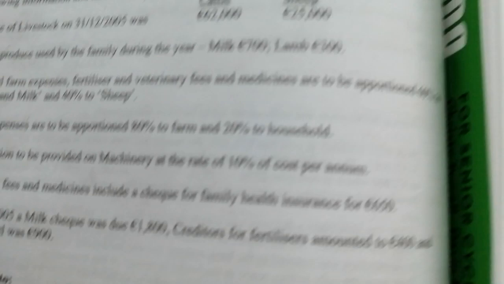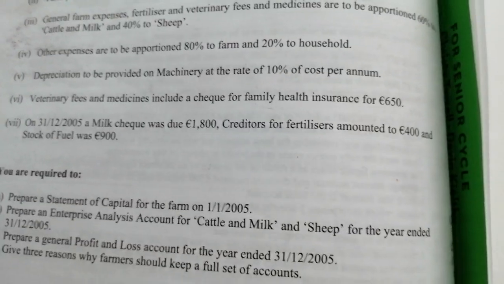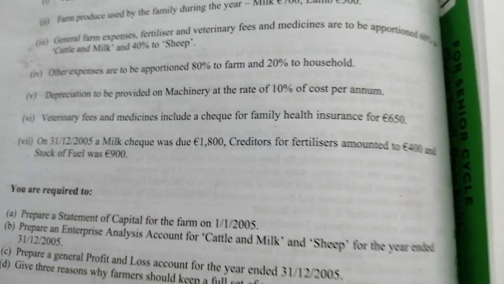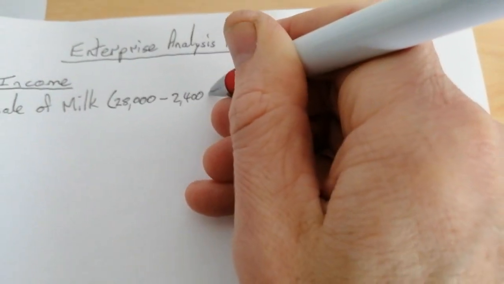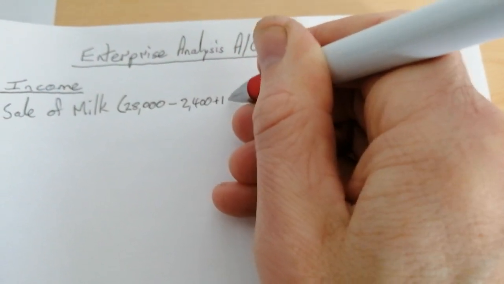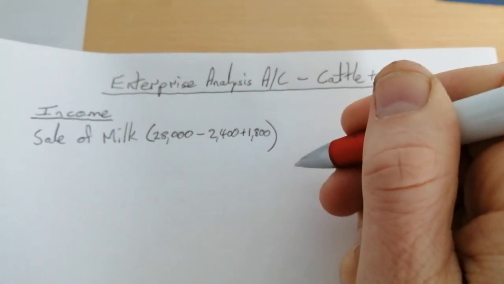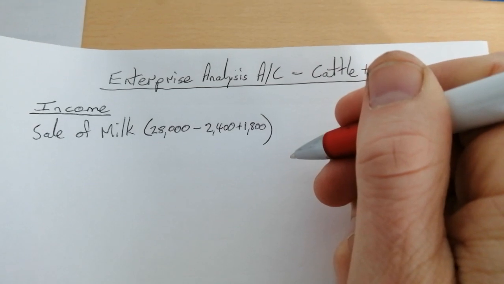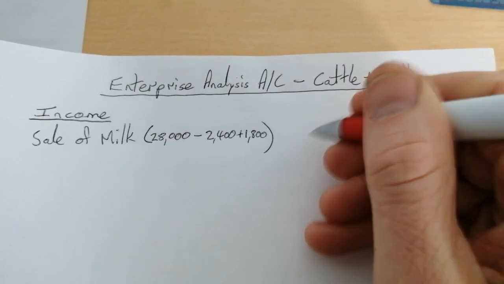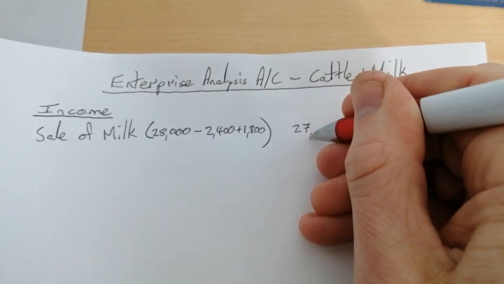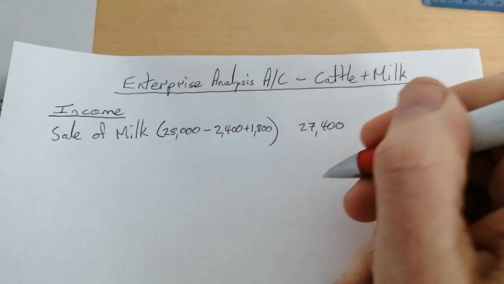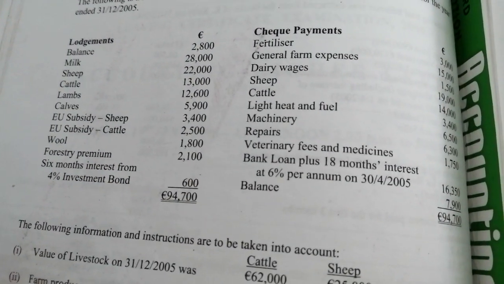And then if there's any milk check due at the end of the year, as we see there is in point 7 here, milk check was due for 1,800. We're going to add that on because that's for this year, you just haven't received it yet. So plus 1,800. That's 27,400, isn't it? 27,400.